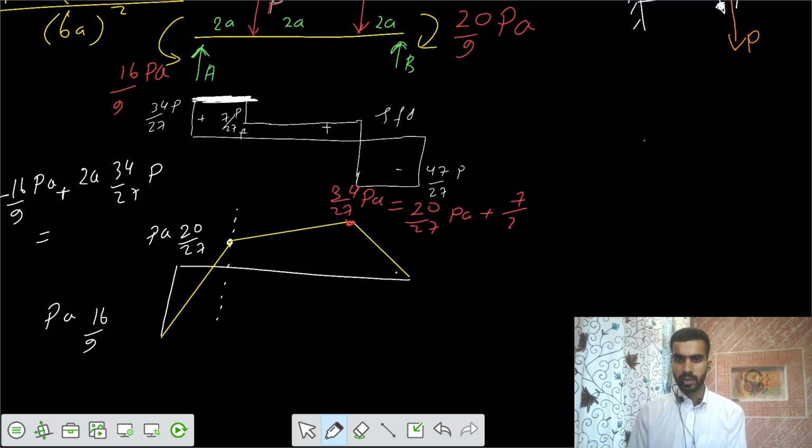That is 7/27 P into 2A, and you would get this value. And after that, you subtract that from this one and you would get a value of 0. So this is your BMD. And by similar triangles, you can get the value of that point of contraflexure.